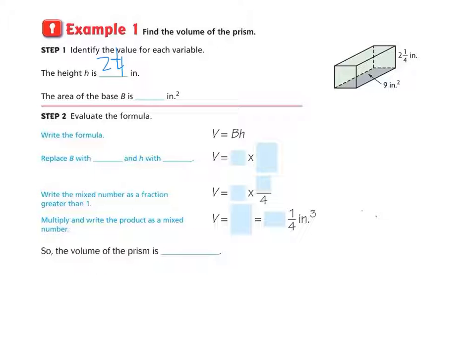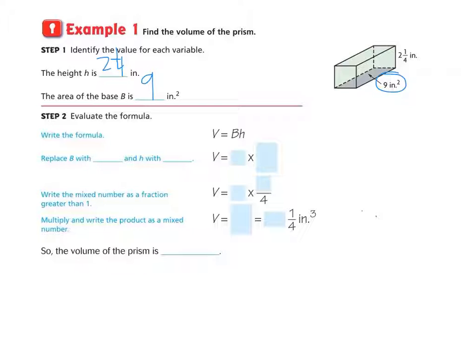Now the area of the base, B. That means looking at the bottom of the box. They already solved the area because see how this is inches squared? It's not just regular inches, but it is already squared. So the area of the bottom is 9 inches squared. So they already found the area for you, which is length times width.